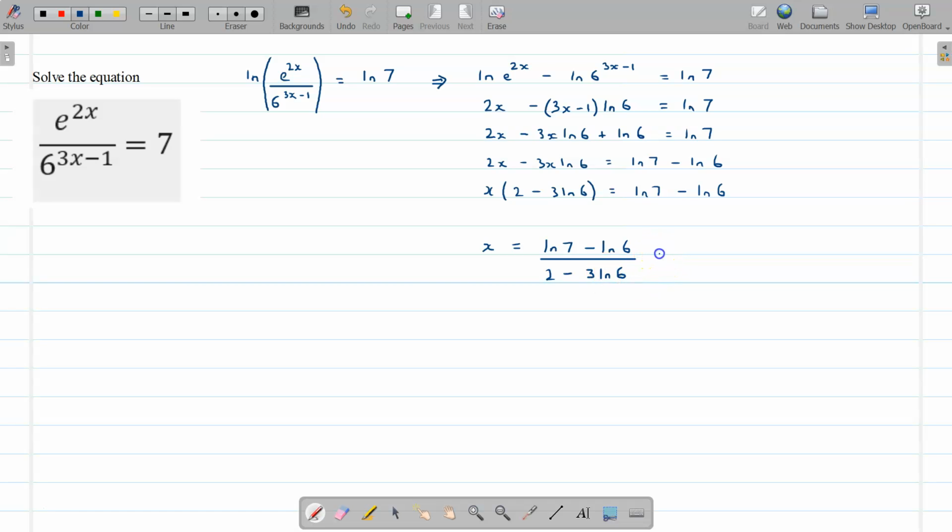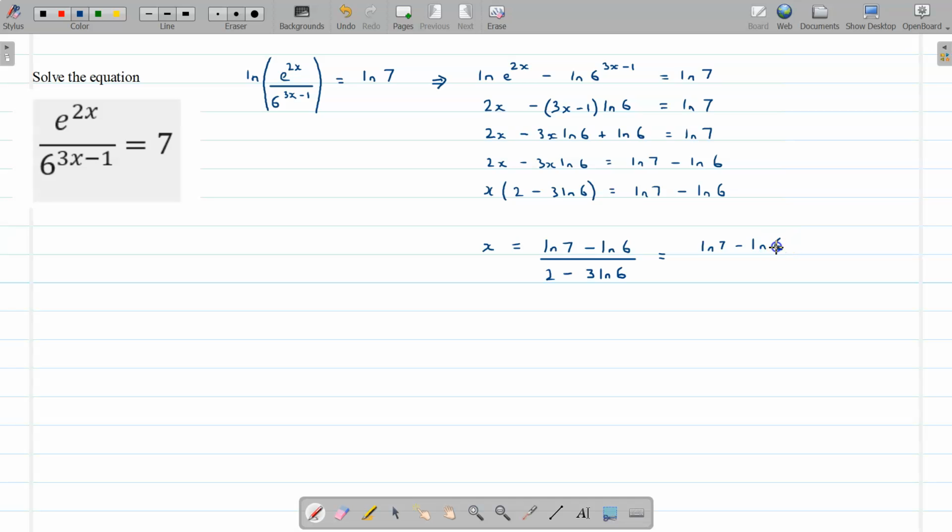So for example, you could change that to be log of 216 at the bottom, 2 minus log 216. And you could change the log 7 minus log 6 to be the log of 7 over 6, for example. So it could be written like this: log 7 minus log 6.